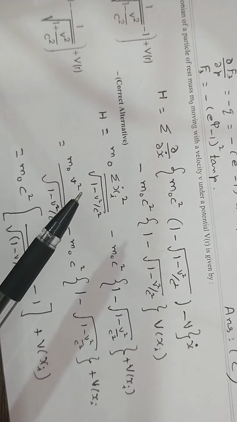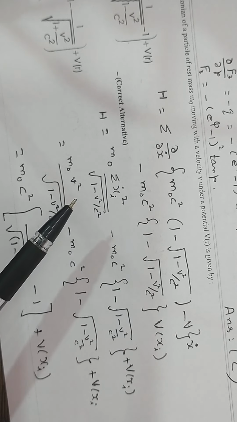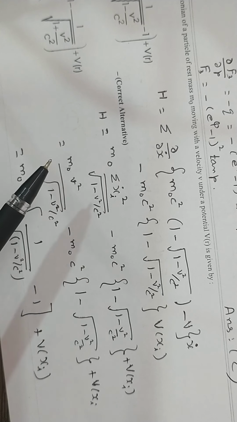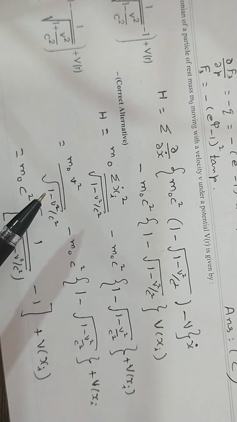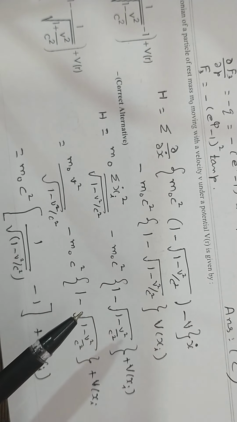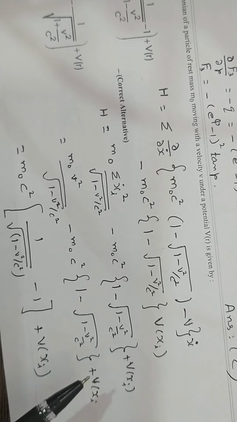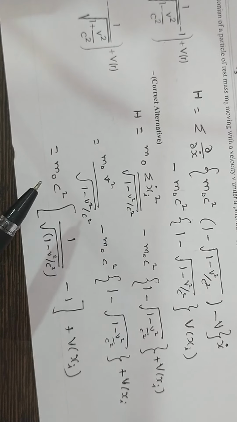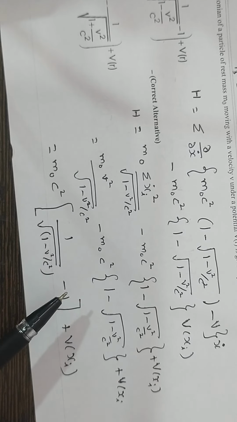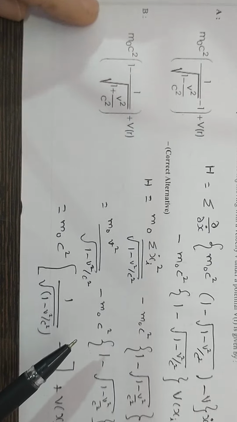Now simplifying this, summation of x_i dot square, x_i dot is v, so if you perform the summation it will be v square. So m naught v square by square root of 1 minus v square by c square, minus m naught c square into 1 minus square root of 1 minus v square by c square, plus V of x_i. By simplifying this, you will get m naught c square into 1 over square root of 1 minus v square by c square, minus 1, plus V of x_i.